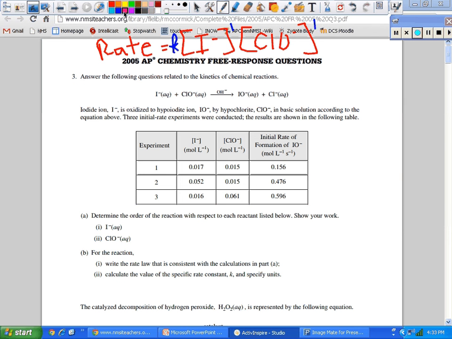Now, calculate K. We want to calculate this. What can you do? Yeah, you can rearrange. So K is equal to rate over I minus to the first, ClO minus to the first.